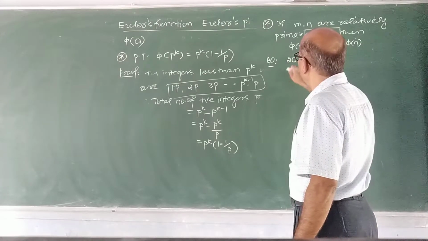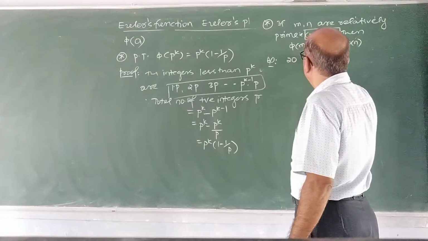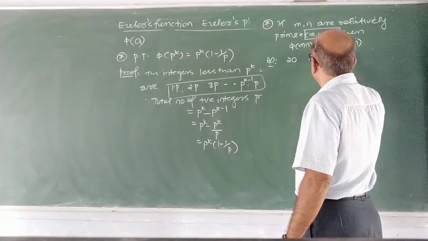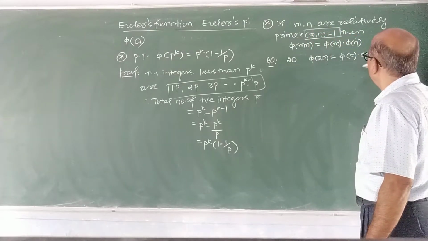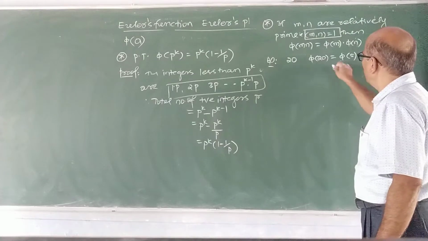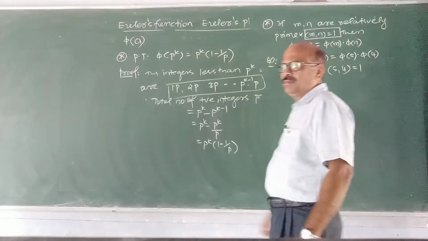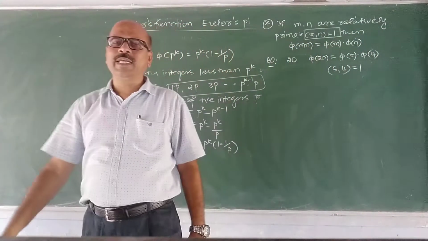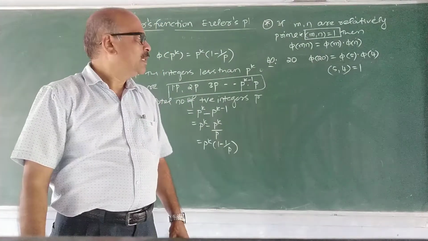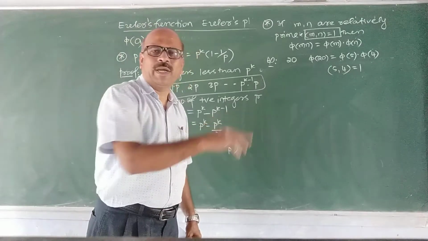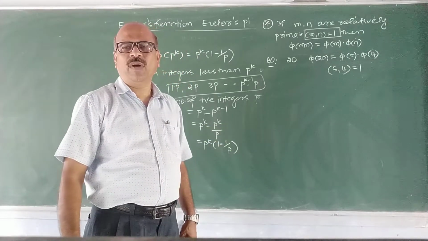Take 20. Phi of 20 is equal to phi of 5 into phi of 4, because 20 is written as 5 into 4, and 5 and 4 are relatively prime. Therefore, phi of 20 is phi of 4 into phi of 5.